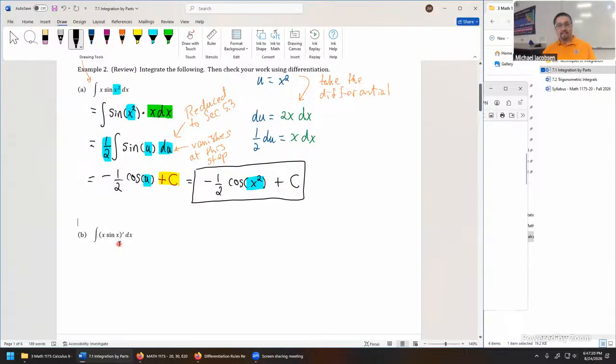If you wrote that out in Leibniz notation, you'd be saying, what is the antiderivative of the derivative with respect to x, d/dx, of x sine x? Antiderivative with respect to x means put in a dx here. So it's a kind of a weird amalgamation of symbols when you look at it.